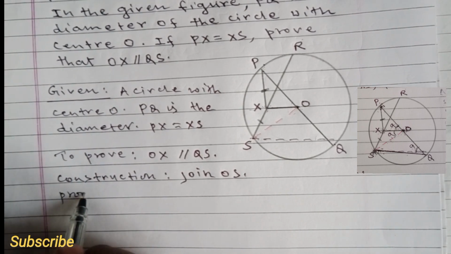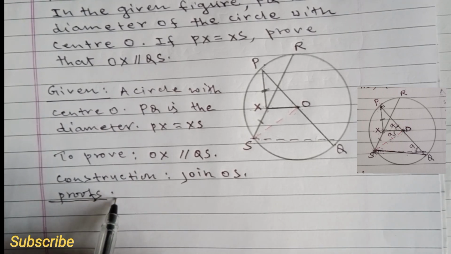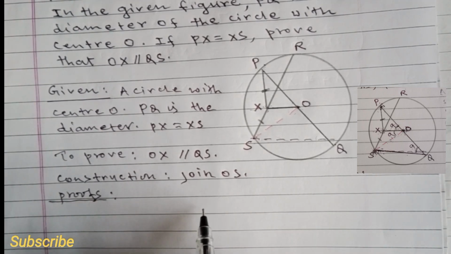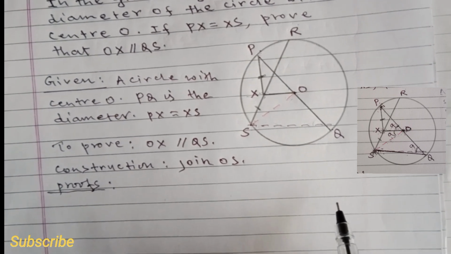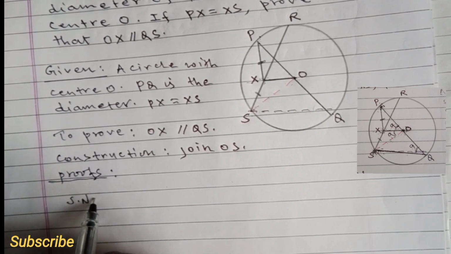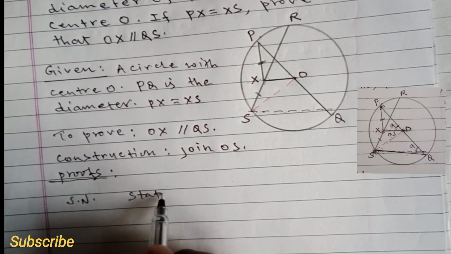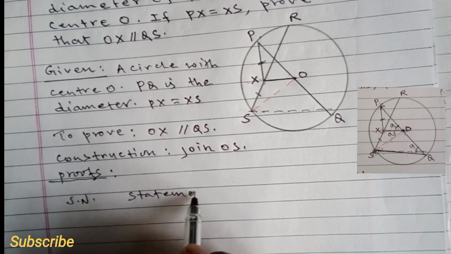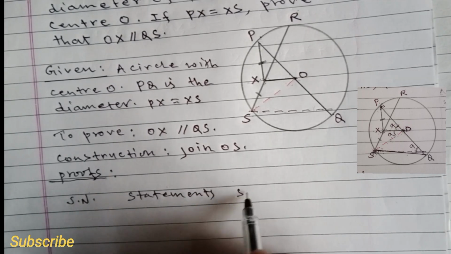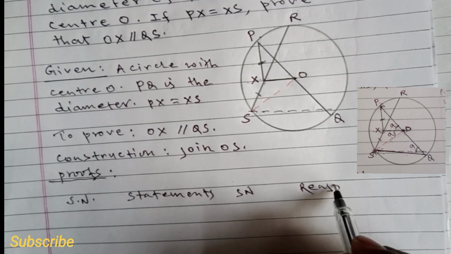Proof. Dear students, in the exam we should make a table in which we write serial number, statements, serial number and reasons. So first let's write down the serial number. Then we should take statements, then again serial number and reasons.